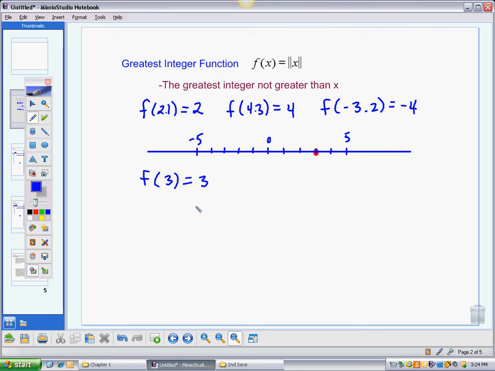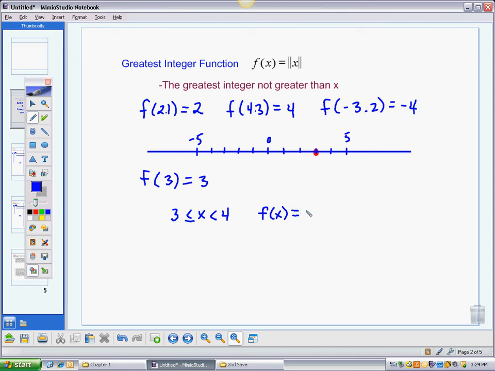This function operates on a whole wide set of inputs for a given output. For instance, when x is greater than or equal to 3 and up to 4, f of x would have the same output.